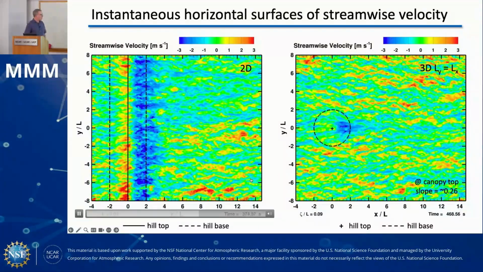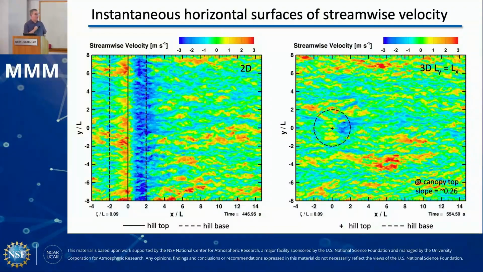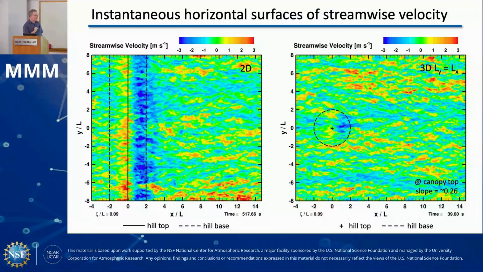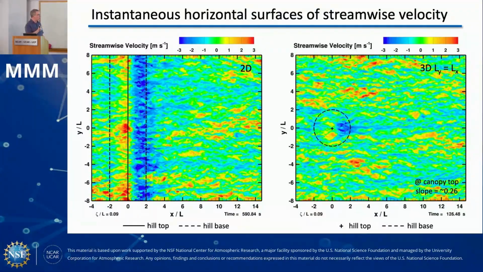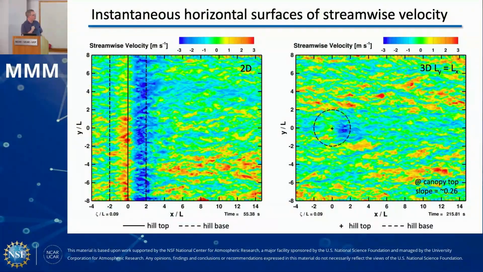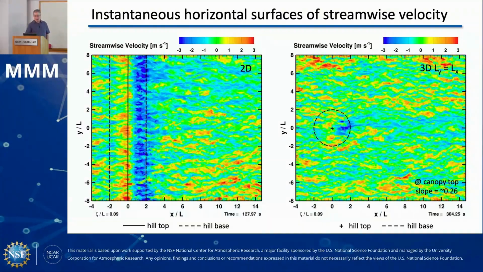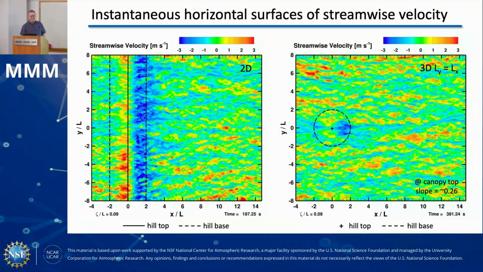So you can see, even though they look quite similar in the vertical, in the horizontal these are quite different flows. And the question we're asking is, how does the change in the turbulence between these 4 cases, because this is just for the steeper hill case, modify the way seeds move in the landscape?